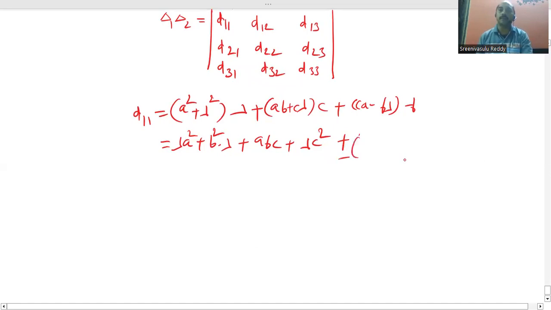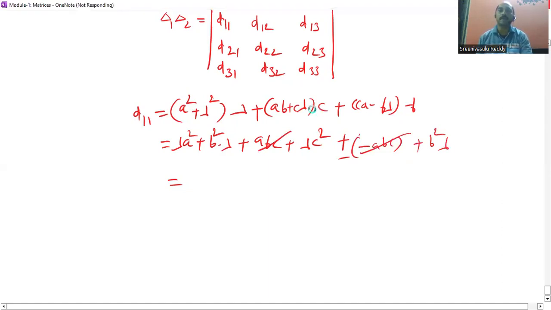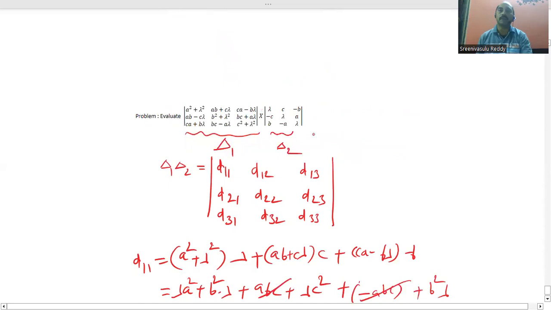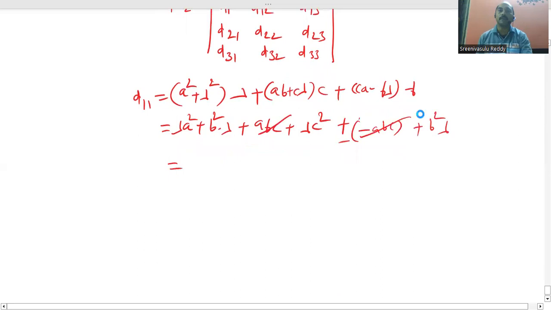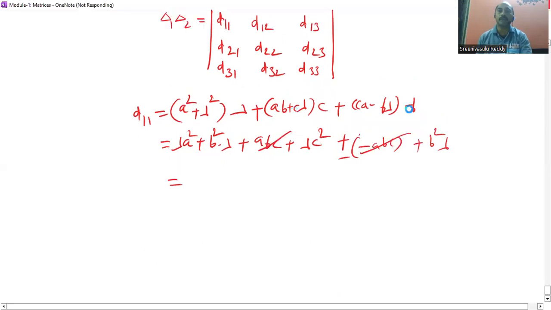Bracket minus ABC, minus into minus plus B square lambda, minus ABC plus ABC get cancelled. Finally, we get B lambda, C A minus B lambda into lambda, B lambda into... here, what is this, lambda or B?